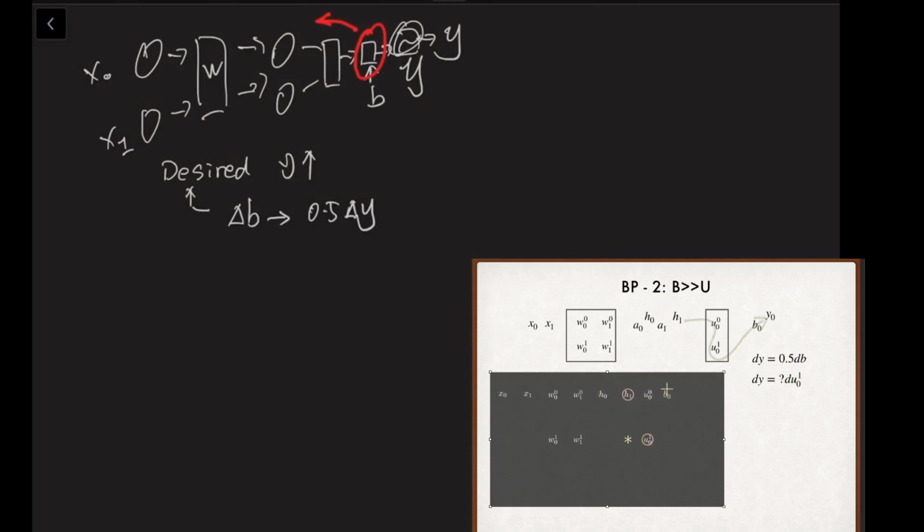To write it down explicitly, let us call the output of the first layer computation here h0 and h1. And the b value is a very simple sum using the h and the parameters in the second layer.